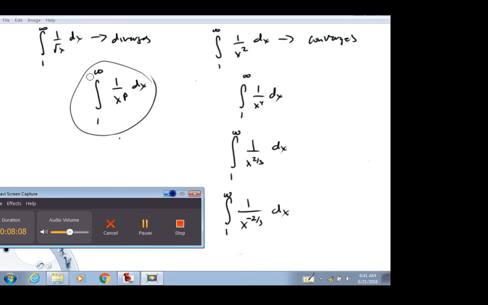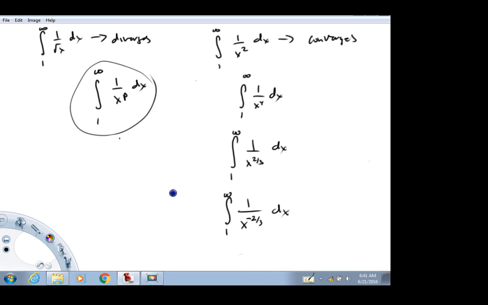Back from my little break here, I've cleaned some things up and written some examples to discuss. We're going to look at the integral from 1 to infinity of 1 over x to the 4th dx, the integral from 1 to infinity of 1 over x to the 2/3 dx, and the integral from 1 to infinity of 1 over x to the minus 2/3 dx. I'm going to go through and discuss these as related to the previous part of this video.